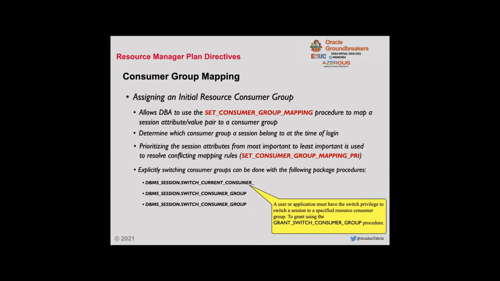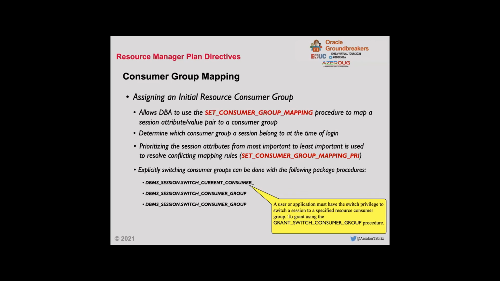Consumer group mapping. For example, the simple resource plan is used if you use Resource Manager and have up to 8 consumer groups and need only CPU resource allocation to control.